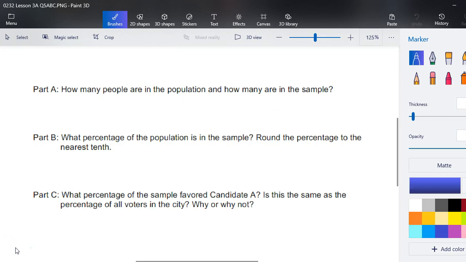The final part of our worksheet is question number 5, talking about populations and samples. You need to pause the video, go work on question 5, parts A, B, C, D, and E, and then come back.